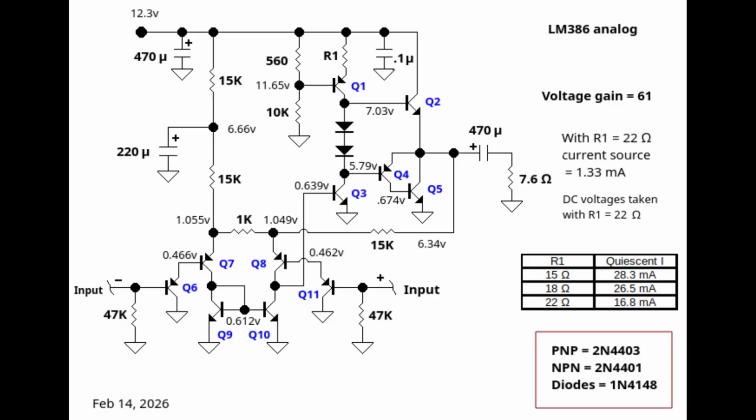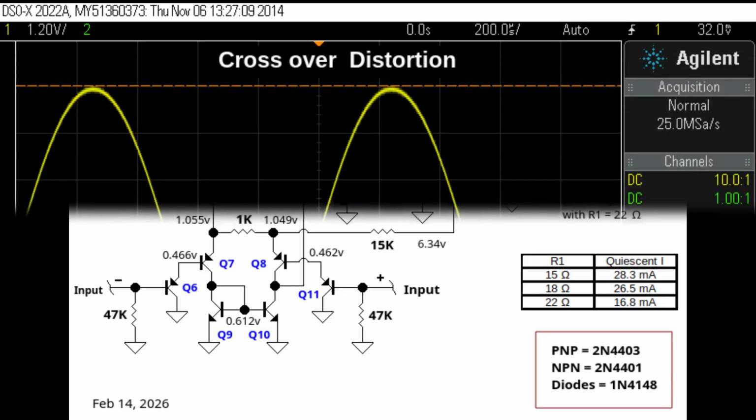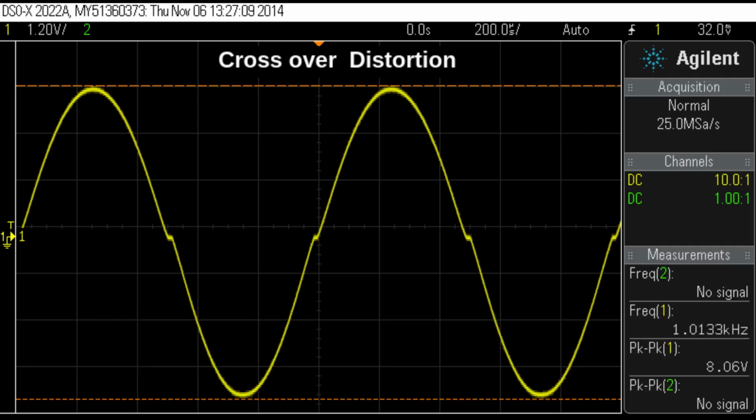Please think of the Q4-Q5 pairing as a PNP transistor for now. On your screen, this is what it looks like at the output rail in time domain, since each final transistor only turns on when the AC signal goes about 0.7 volts, positive or negative. In effect, a dead crossing zone exists.